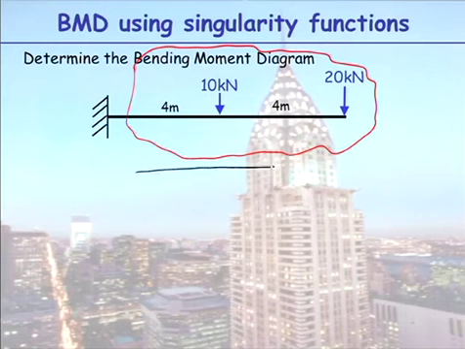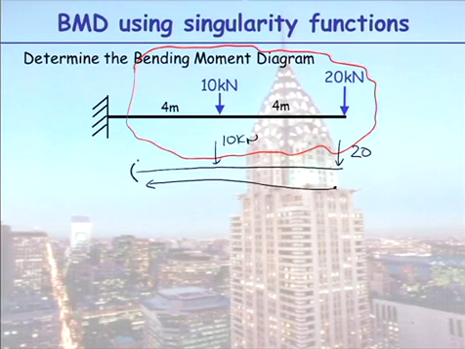No. So we're going to cut the beam. We have 20 kilonewtons here, 10 kilonewtons here. So this time round, we'll measure x effectively as this distance here. So what does that distance in there become? x minus 4.